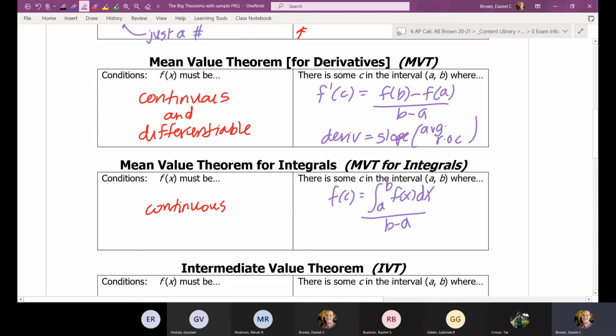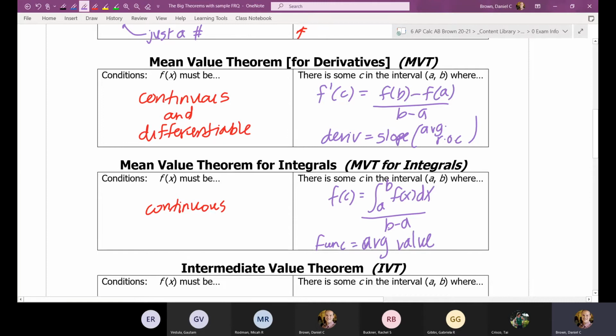So again, in words, I think of this as the function is equal to the average value. And good just to review that average value formula anyways. With the mean value theorem for derivatives, we don't have to state for derivatives. If I just say mean value theorem, that is good enough. And if I say mean value for integrals, I have to be clear to state for integrals.